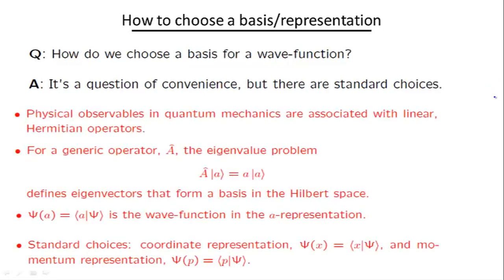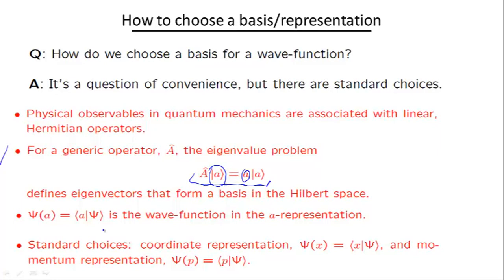We already know that physical observables in quantum mechanics are associated with linear Hermitian or self-adjoint operators. For a generic such operator, one can define the eigenvalue problem as here, which is the problem of finding a vector or set of vectors which under the action of the operator don't change but are just stretched by a certain eigenvalue A. And for a Hermitian or self-adjoint operator, these values of A are real numbers.